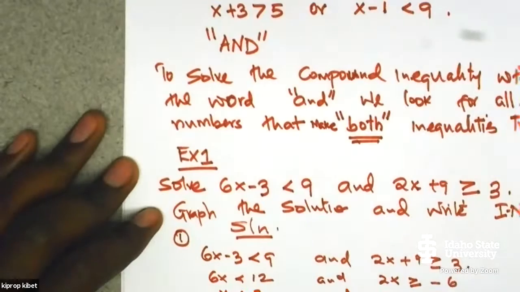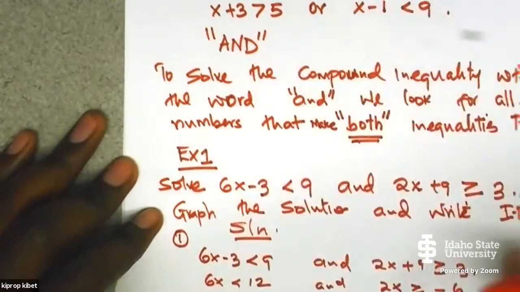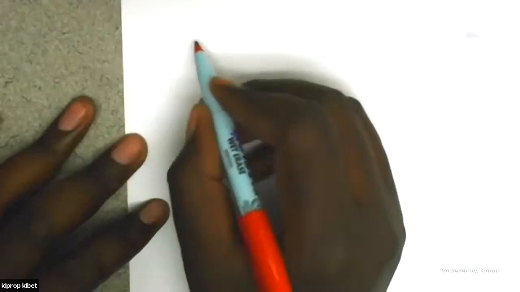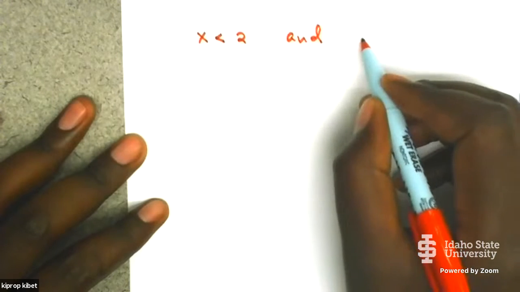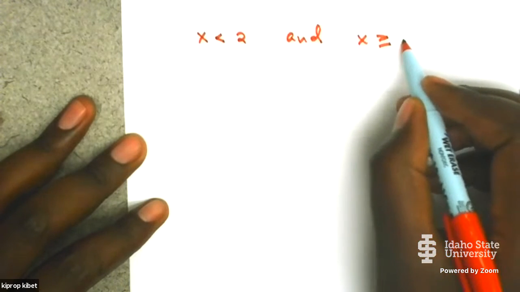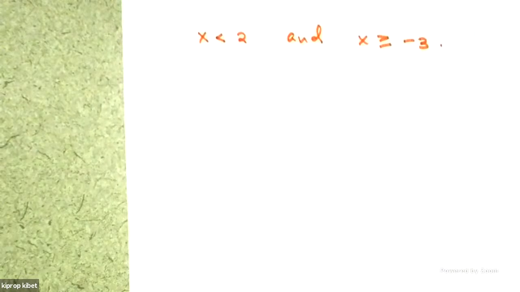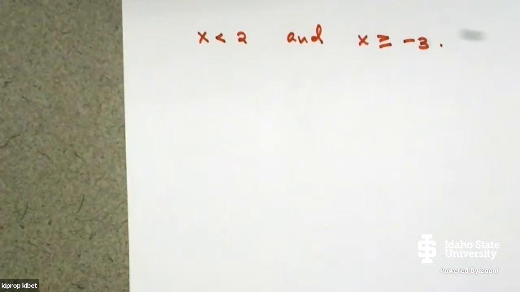So that is our first step. We have the values x less than 2 and x greater than or equal to negative 3.